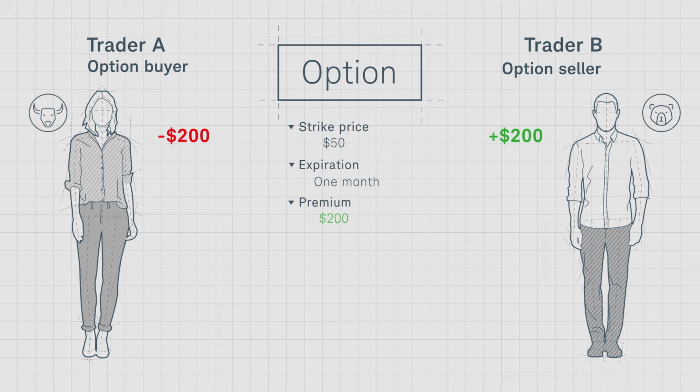The seller hopes the contract will expire worthless so they can keep the full premium. In this case, $200. Now there's a crucial thing to note. The example we just looked at shows what would have happened if Trader A wanted to exercise her right to buy the stock and waited until expiration to do so. But many options traders don't actually intend to buy or sell the underlying.